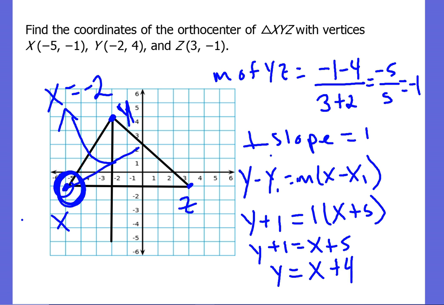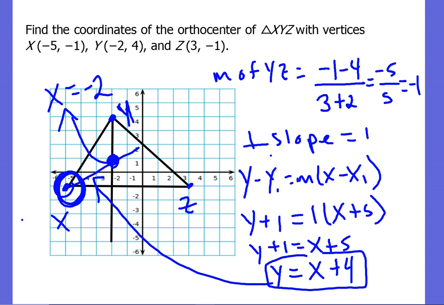So let's just see where we are right now, okay? This right here is the equation of the blue line that I just drew. We have also the line x equals -2. So we need to find out the exact point of intersection. Well, how do I do that? Well, I know for sure that every x value on this first altitude is -2.